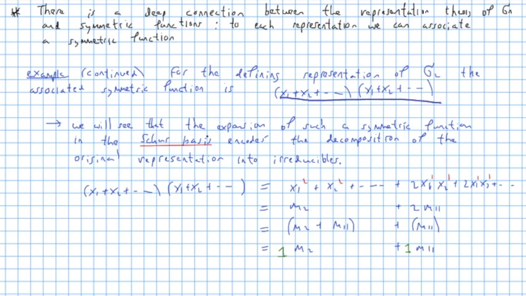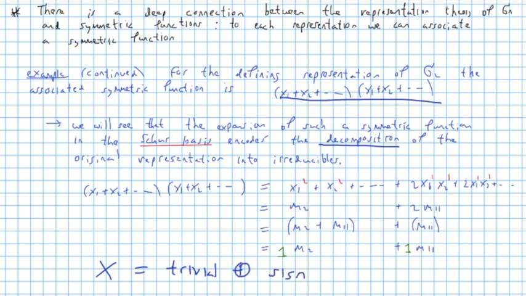We will see that the expansion of such a symmetric function in the Schur basis, this S lambda that was on top of this hexagon before, encodes the decomposition of the original representation into these pieces that are called irreducible. Maybe you remember that we saw that the defining representation was the direct sum of the trivial representation and the sign representation.